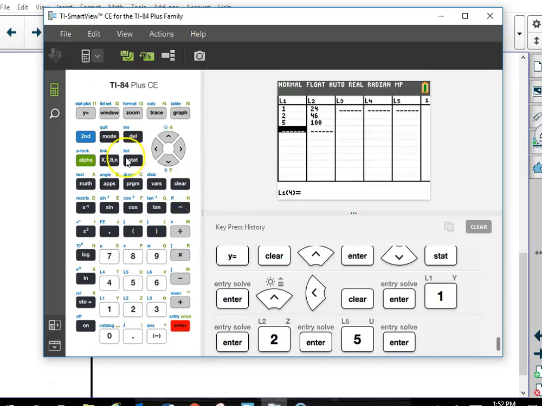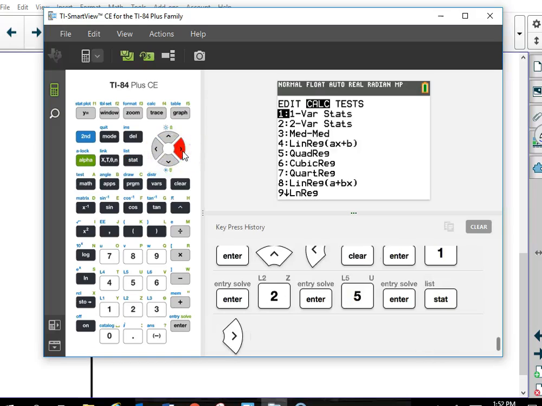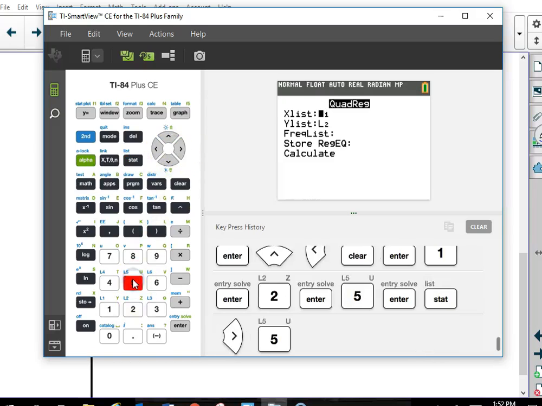Now we're going to go to stat and right arrow to calc, and our quadratic regression is 5. Now it kind of depends on the calculator. If you have one of my newer ones, it should look like this. Your x list has to be L1 because that's where we put the x's. Your y has to be L2, same reason. And we want it to store our regression equation in y1.